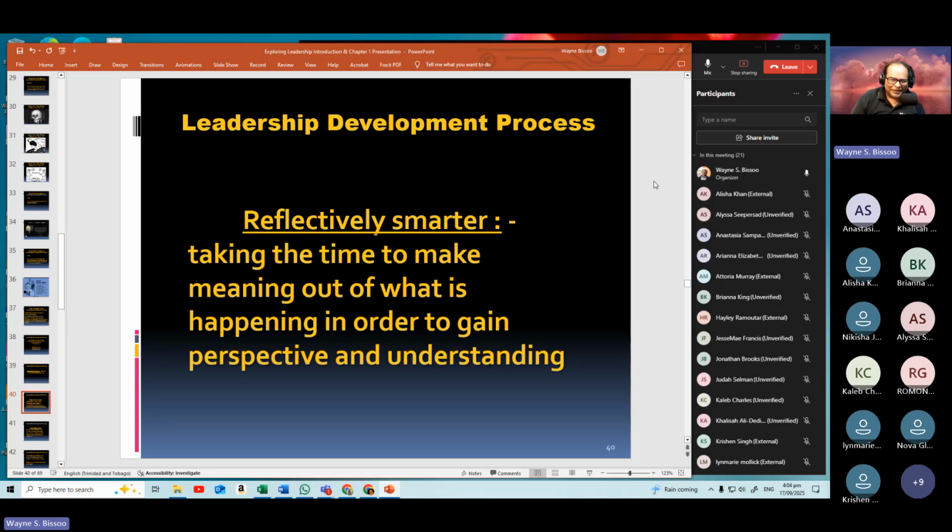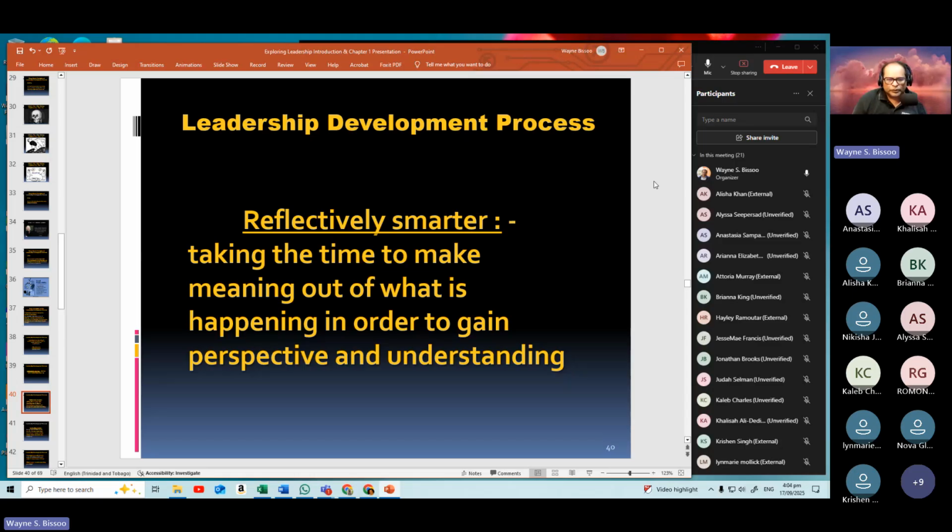All right. The other method of working smarter is reflectively smarter. That is taking time to look at what took place in the past, understand what worked, what didn't work, making meaning out of it, and using that to understand how to proceed in the future.